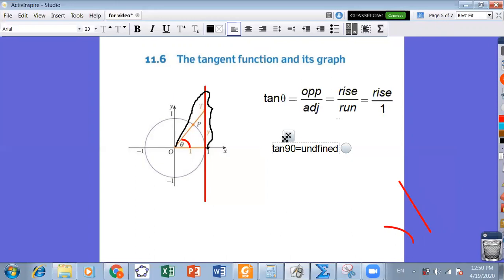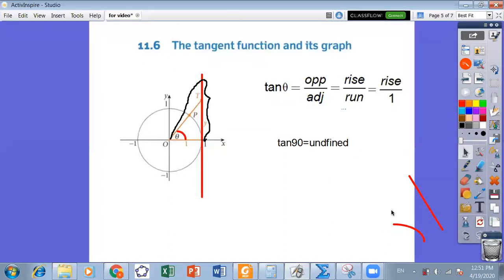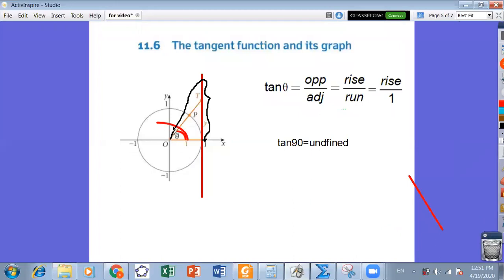Okay, let's go for the next one now. What do you think? What if our angle is greater than 90 degrees? I can take an angle like this one, approximately 120 degrees.